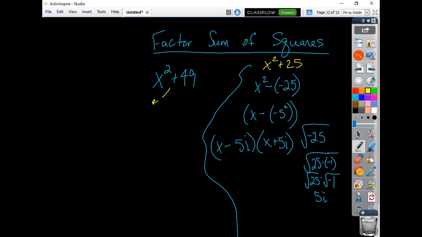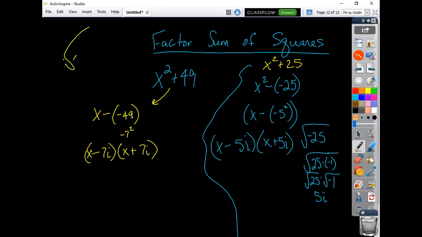Well, how would that look over here? Again, you've got your x minus negative 49. That would be x plus 49, right? And so if I said to you, this negative 49 is like a negative 7 squared, so that'd be x minus a 7i and x plus a 7i, because the square root of negative 49 is 7i.